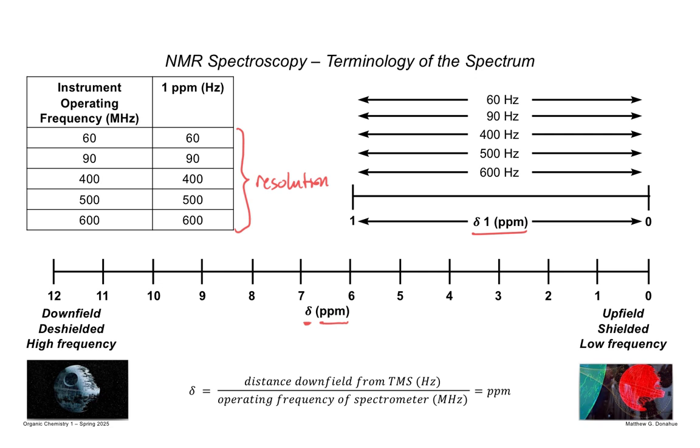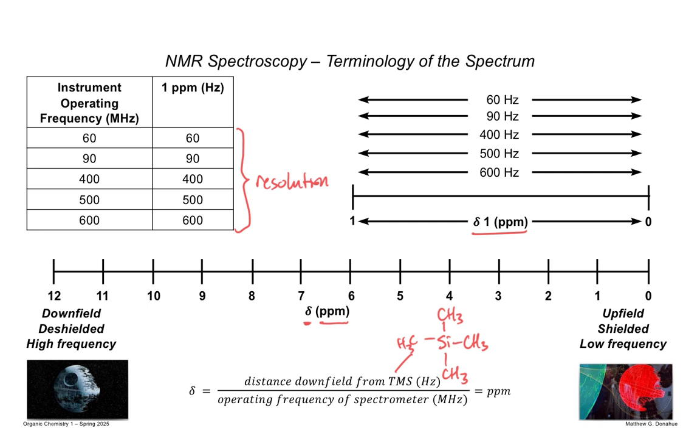The chemical shift is defined as the distance downfield. So what does that mean? In TMS, tetramethylsilane, which is added as a calibration, is set to 0.